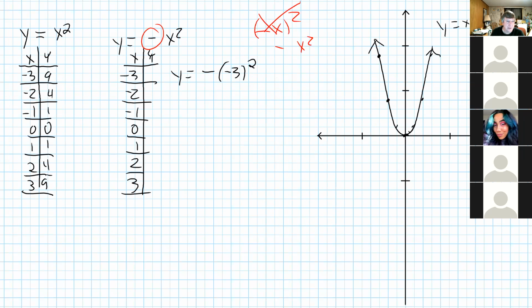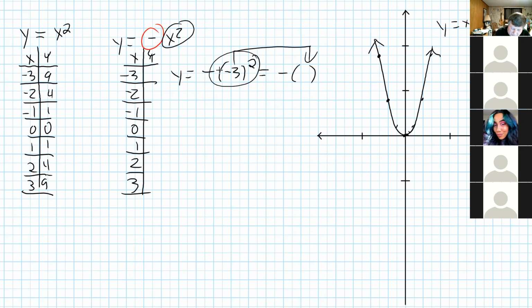So that means I'm going to square it and then apply the negative sign. So what's -3, the quantity squared? -9. No, negative 3, the quantity squared is 9, right? Then you'd apply the negative sign, so your final answer is -9. You see what I'm saying? You'd square it and then apply the negative.